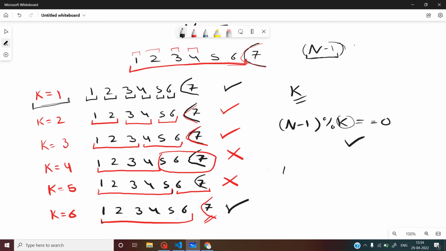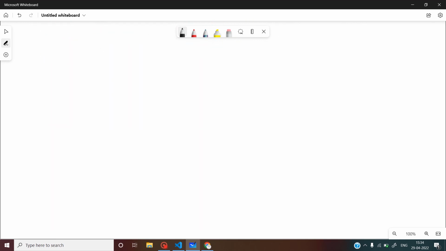So what will be the algorithm for this problem? The algorithm will be, for each I equal to 1 to I less than n, we have to check if this I divides n minus 1.